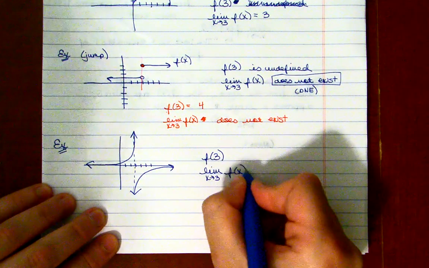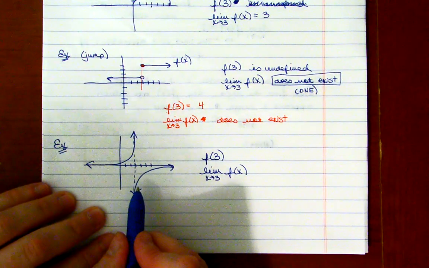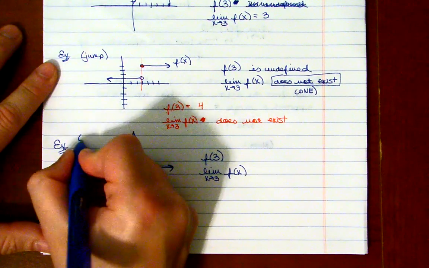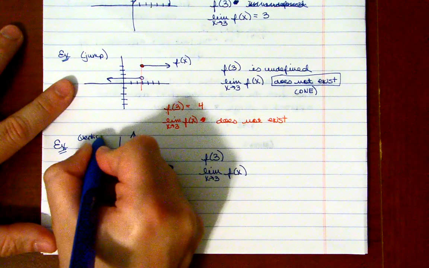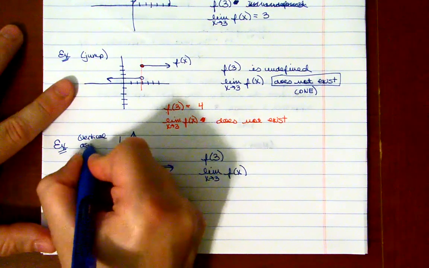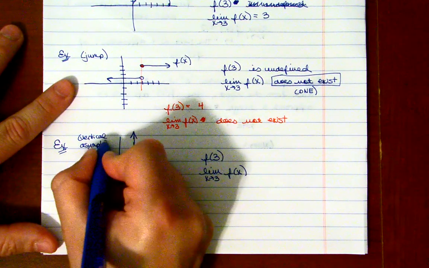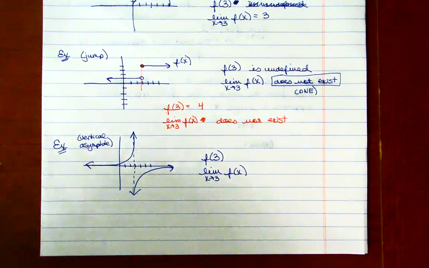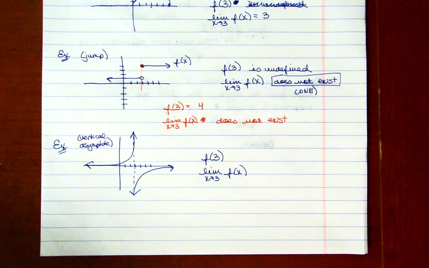First of all, what's going on at x equals 3? Hopefully you're remembering that word asymptote. There's a vertical asymptote over here. So we need to find f of 3 and also the limit as x approaches 3 of f of x.